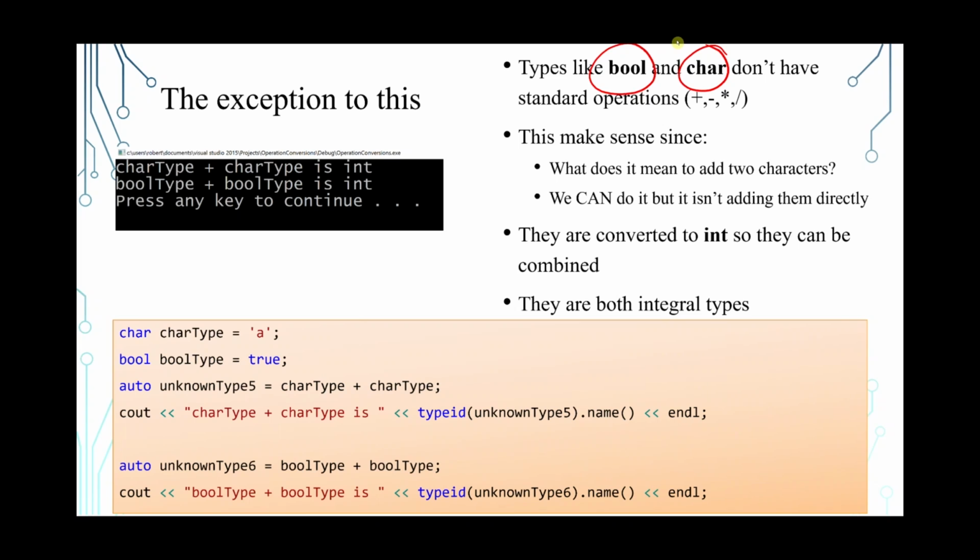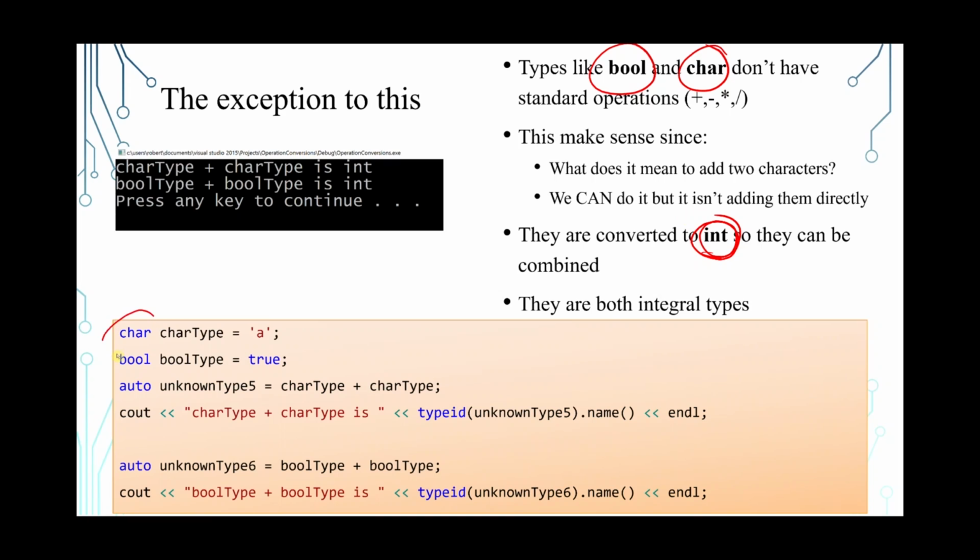Types like boolean and character do not have the standard operations plus, minus, multiplication, and division. This makes sense because what does it mean to add two characters? It doesn't make any sense to do that. Except you can do this, right? Why? Because they are converted into int eventually, and you can do arithmetic operations on integers.